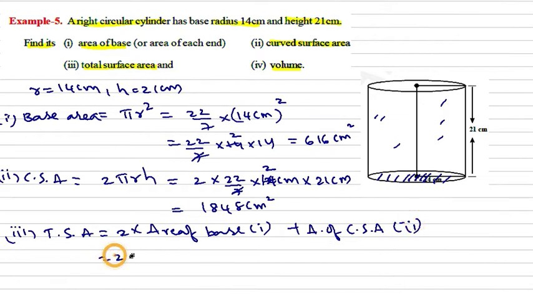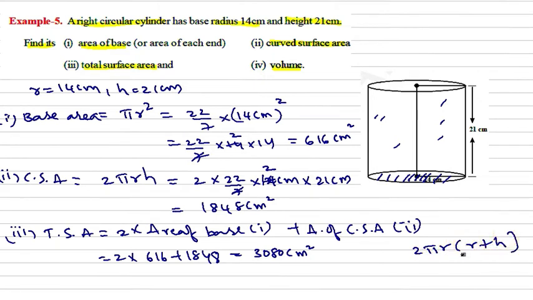So which is equal to 2 into 616 plus 1848, which is equal to 3080 centimeter square. Otherwise here we can use the formula to calculate the TSA is 2 pi r into r plus h. By this formula also we can get the TSA of this cylinder.